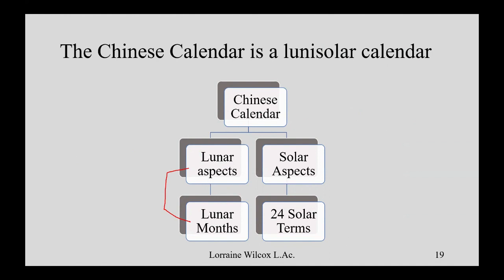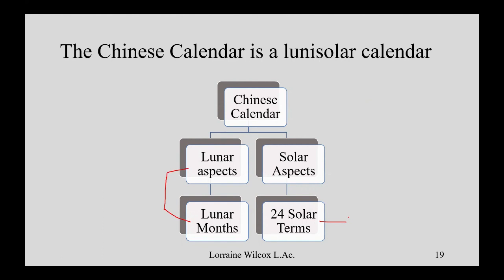The solar aspects are based on the solstices and the equinoxes, which the ancient Chinese, who were amazing astronomers, knew about. And from that, they developed something called the 24 Jieqi, which is often called the 24 solar terms.